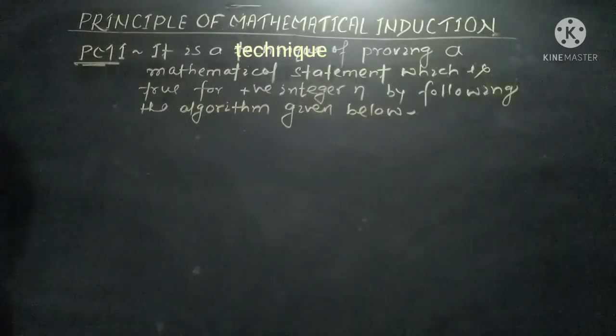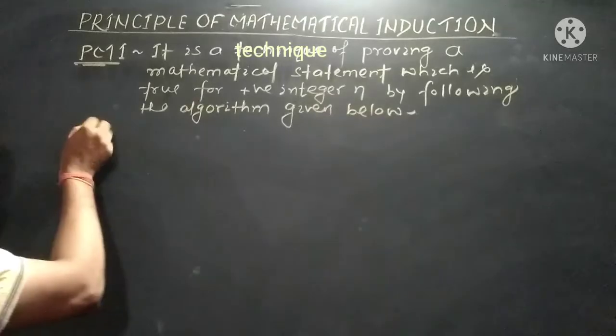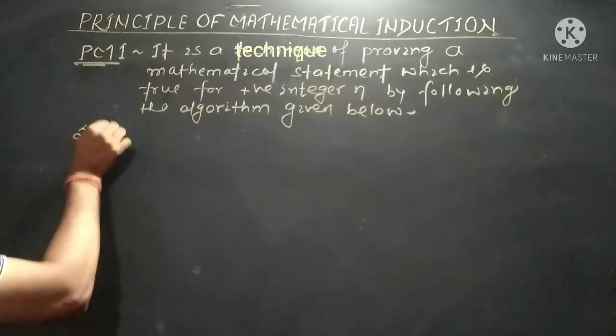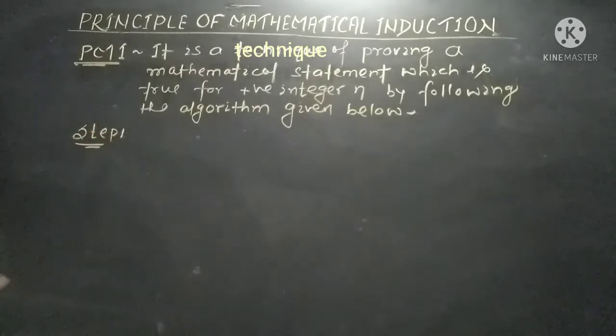Okay, what is the algorithm? Algorithm क्या है? That means we have to follow the steps to prove a mathematical statement which is true for positive integer n.